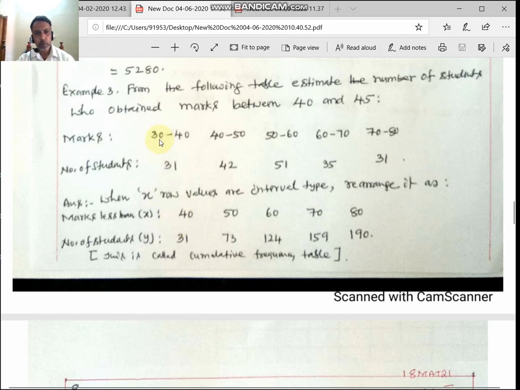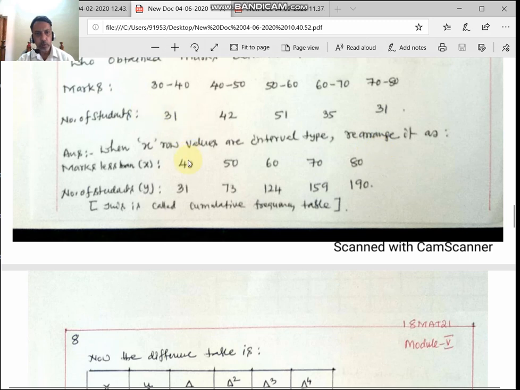We are rewriting the given data of marks and number of students. Here marks between 30 and 40, the number of students is 31; marks between 40 and 50, the number of students is 42, and so on. The last value of the x series is 80 marks, and the number of students is 31. This is rearranged as follows. In the marks row, fix the end values of each class, that is 40, 50, 60, 70, 80.